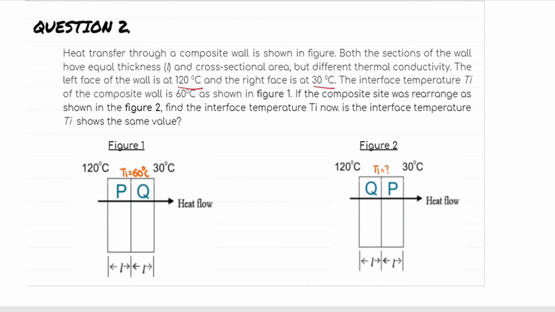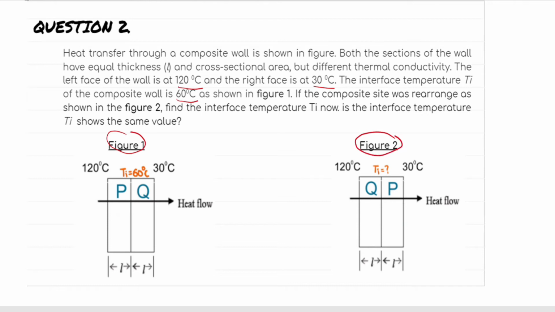The interface temperature Ti of the composite wall is 60 degrees Celsius as shown in figure 1. If the composite slab is rearranged as shown in figure 2, find the interface temperature Ti now. Does the interface temperature Ti show the same value?